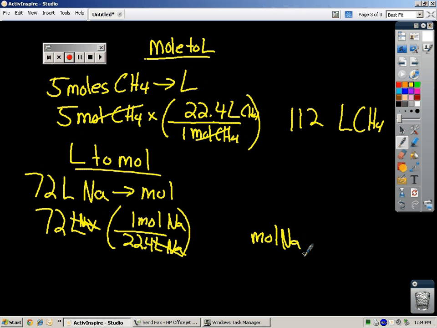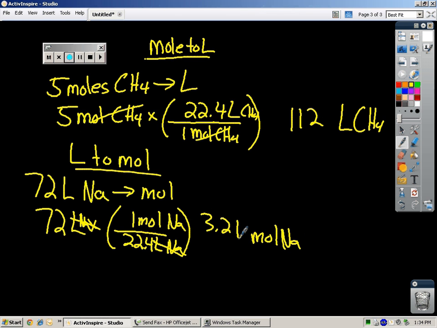Haley, if you will do the mathematical computation and tell me, what am I going to do, multiply or divide right here? If you'll give me the answer. 3.21? Okay. 3.21 moles of sodium.